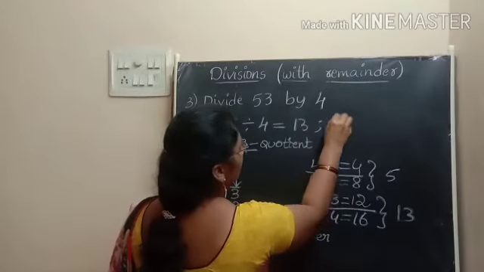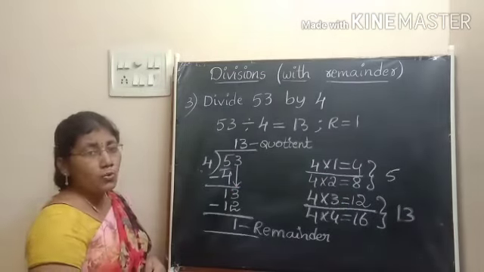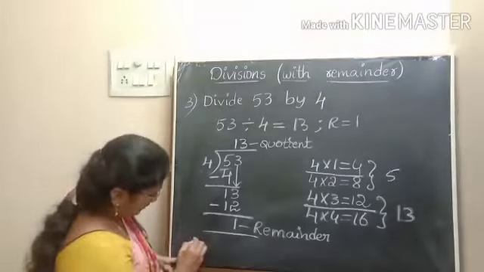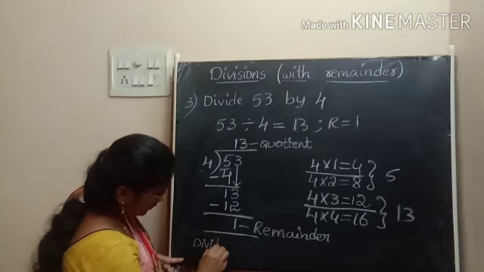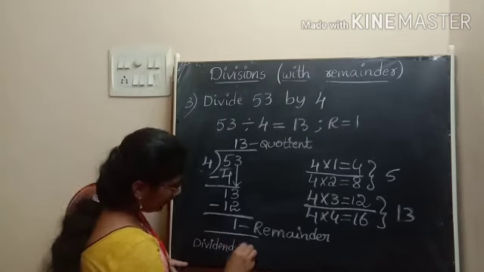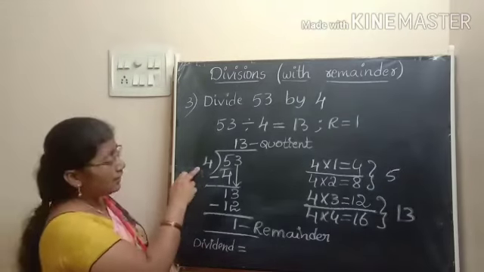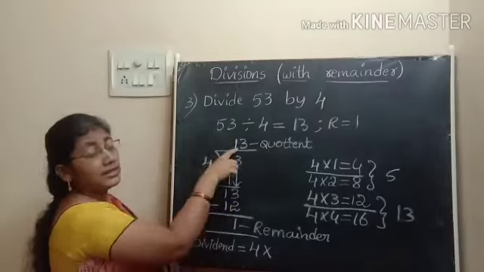Here the remainder is equal to 1. Let us check our result. Dividend is equal to divisor into coefficient. Divisor is 4. Coefficient is 13.